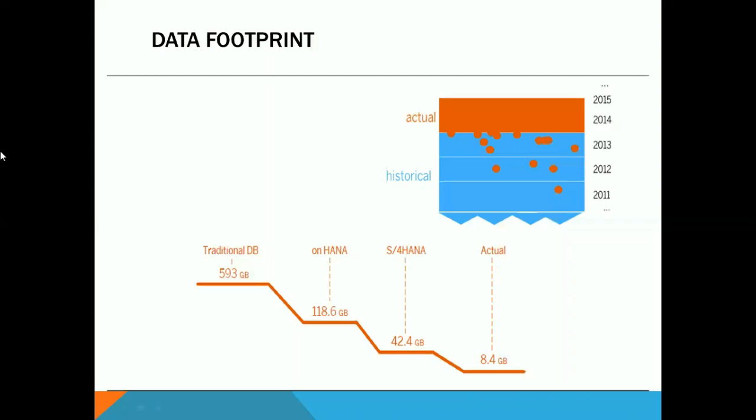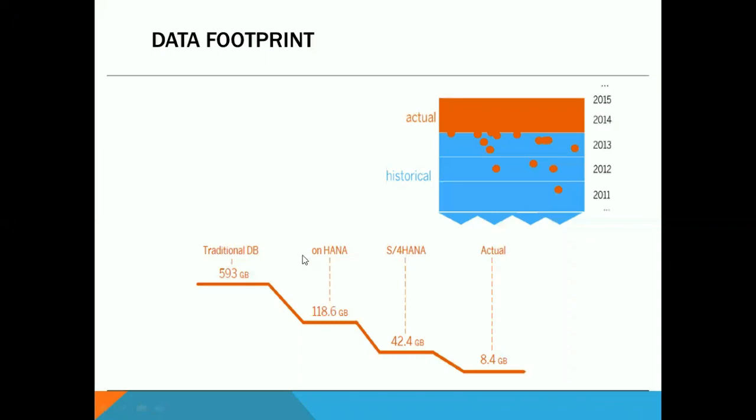Now you can see the data. Traditionally, if you take this complete data in a traditional database, this is 593 GB of data. When I call it traditional, you can take any database, either the Oracle database or a DBMS or RDBMS database. So the same data is about 593 GB.